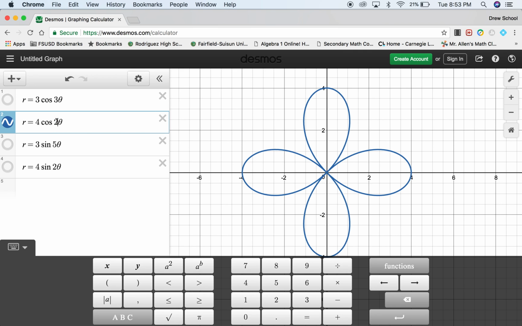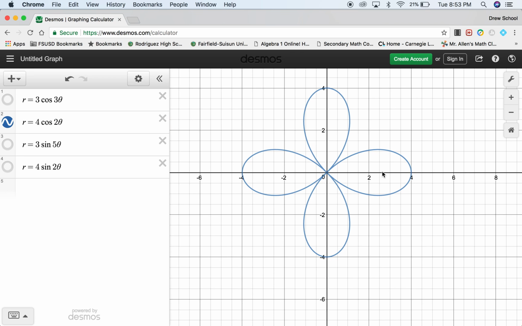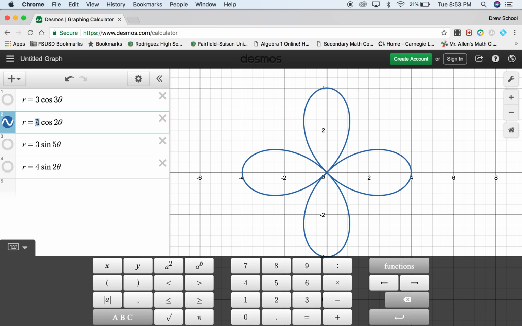Since n is even, that means we have 2 times as many petals. So 2 times 2 is 4, so we have 1, 2, 3, 4 petals. And since our a value is 4, each petal has a length of 4.